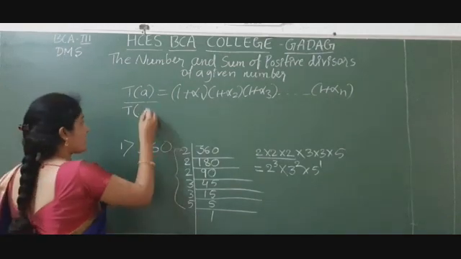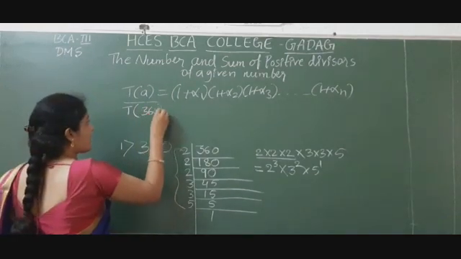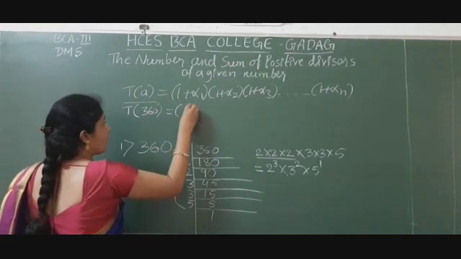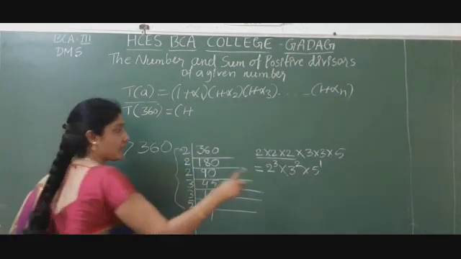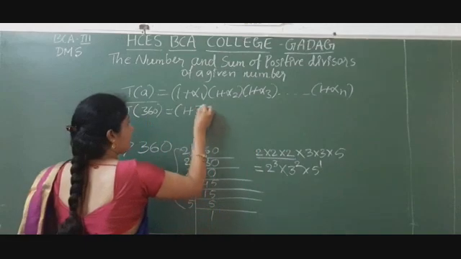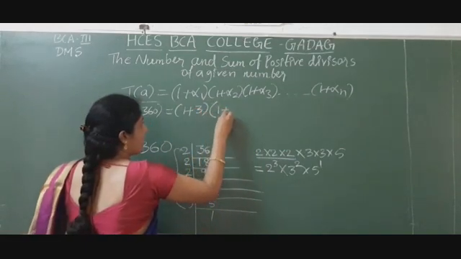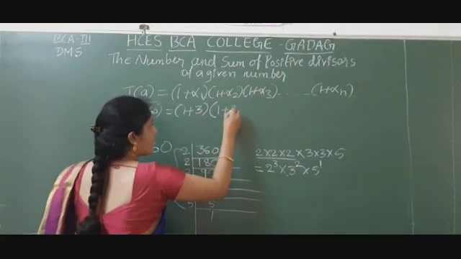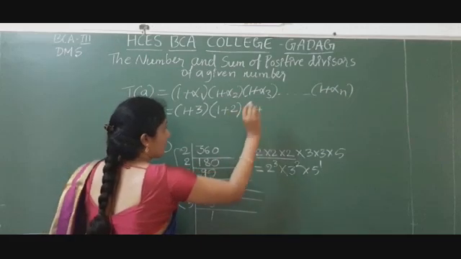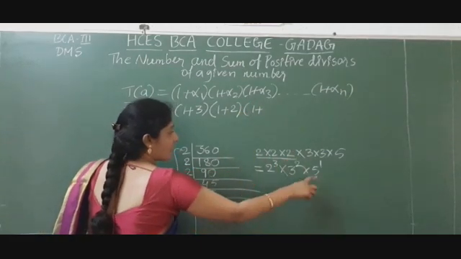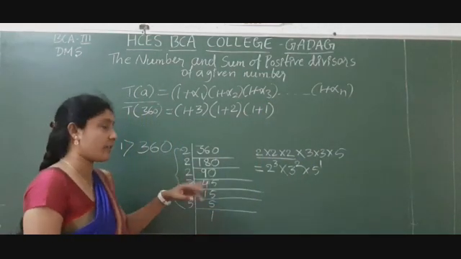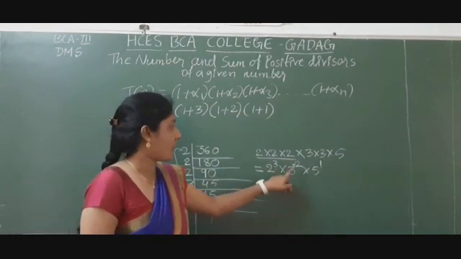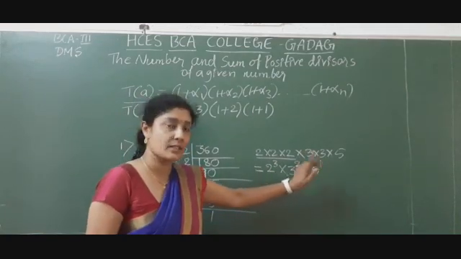A is nothing but 360. T of 360 is equal to 1 plus alpha 1, as I told you, alpha is nothing but the degree, that is 3. Next, 1 plus alpha 2, that is 2. Next, 1 plus alpha 3, that is nothing but 1. And we have to stop here itself, as we have only alpha 1, alpha 2 and alpha 3.